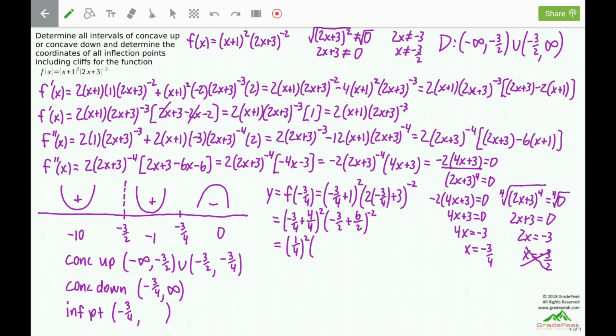Adding the numerators, -3 plus 6 is a 3/2, and it'll be to the -2 power. 1/4 squared, we can square the 1, that's a 1, and square the 4, that's a 16. 3/2 to the -2 power, we can reciprocate it. It'll be 2/3 to the +2 power.